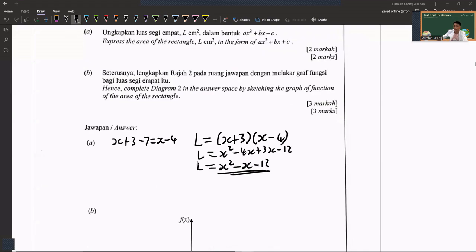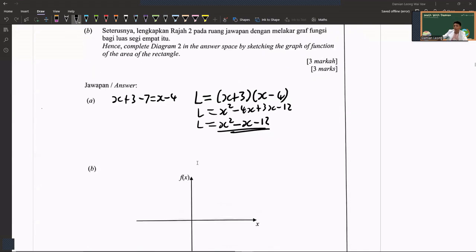Okay, then part B. Sketch the graph of the function for the area of the rectangle, which means sketch this quadratic graph. We know the intercepts are when x plus 3 equals 0 and x minus 4 equals 0.